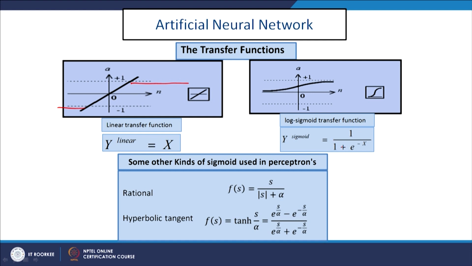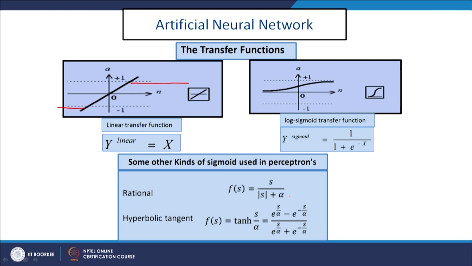Similarly, for the function 1 by 1 plus e to the power minus z, the graph can easily be seen to vary from 0 to 1. It is an increasing function: when x is infinity the value is 1, when x is 0 the value is half, and when x is minus infinity the value is 0. So, it is an increasing function between 0 and 1.